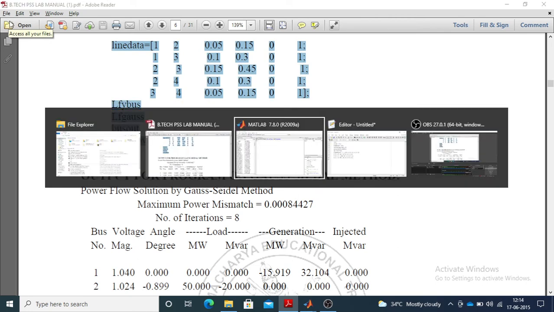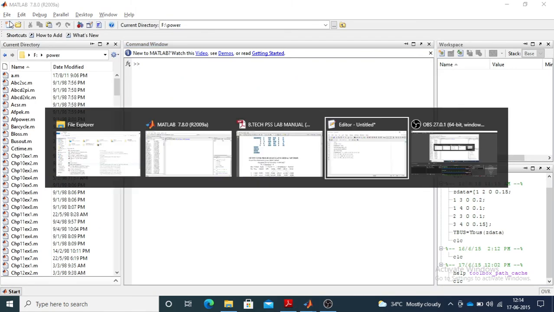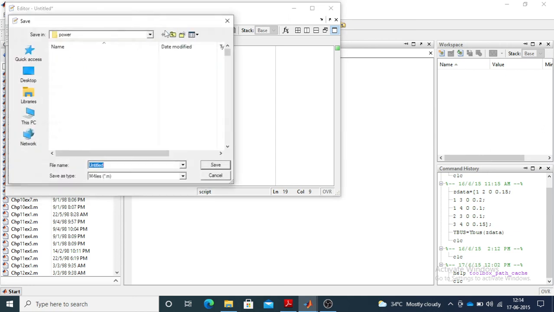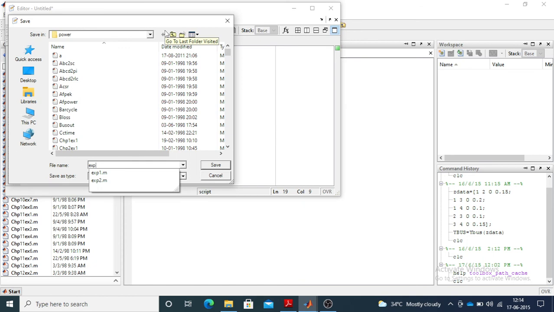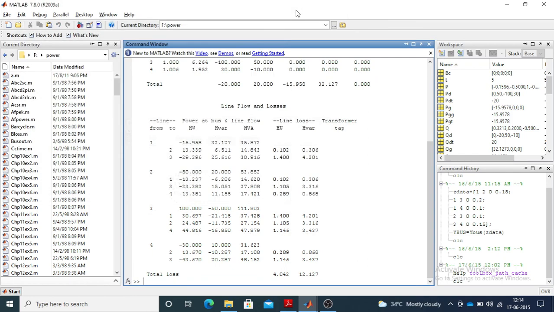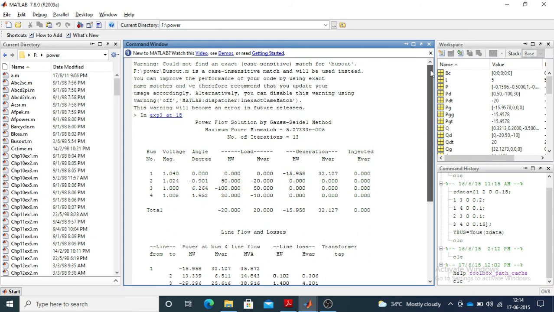Now, if you run the program, it will ask you to save. Save it and then run it. Automatically it runs and the result is displayed in the command window. So this gives the result.